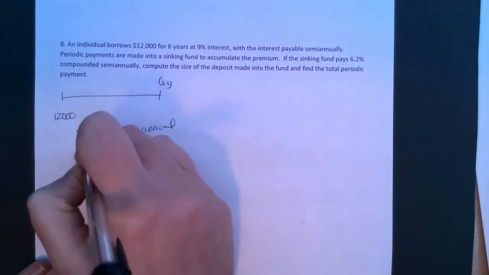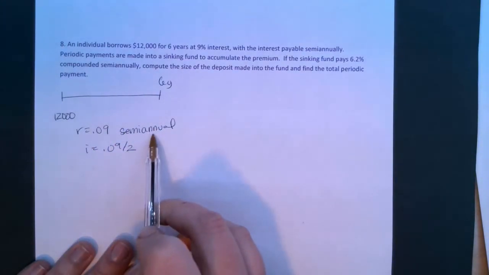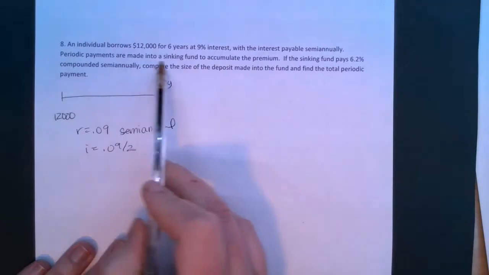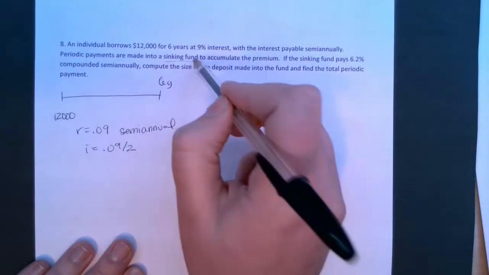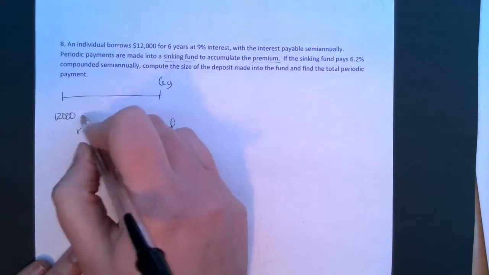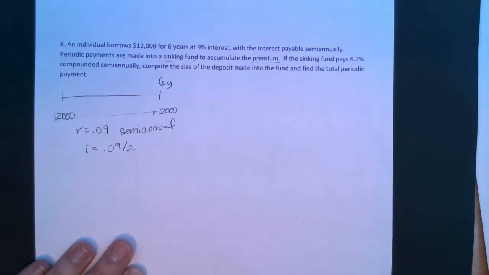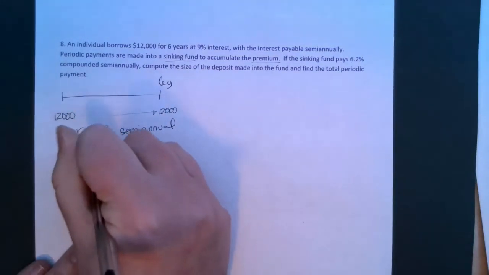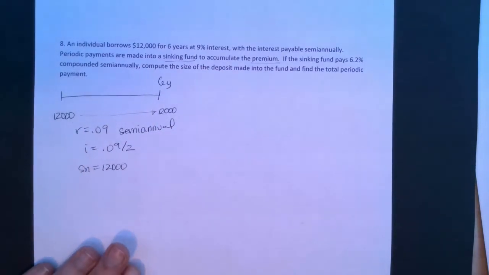Semi-annual, okay, so that means our I is 0.09 over 2, because semi-annual means twice a year. Periodic payments are made into a sinking fund to accumulate the premium. Okay, so again, we have sinking fund and accumulate the premium, so that means that this is getting moved down here as our S sub n, to accumulate the premium.